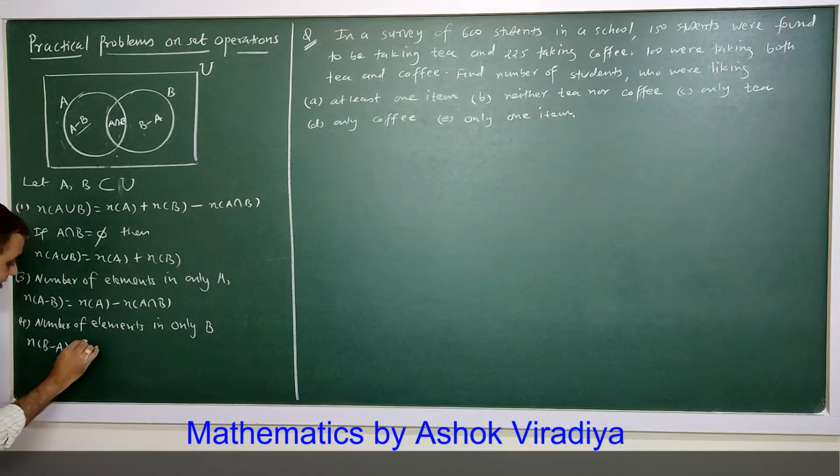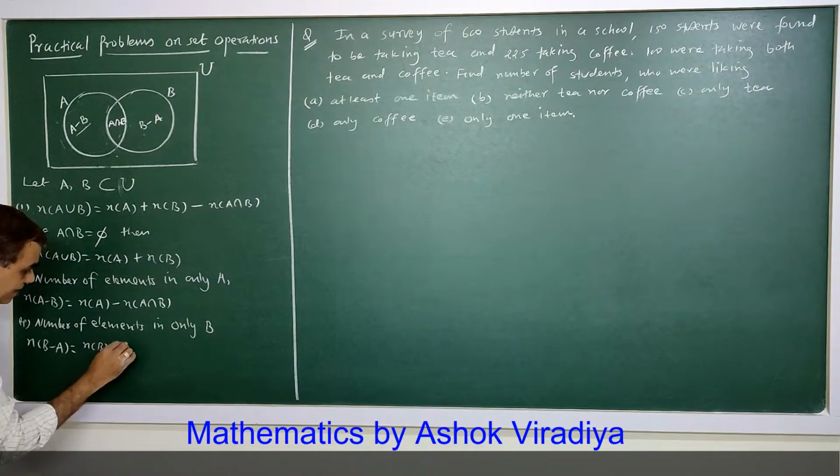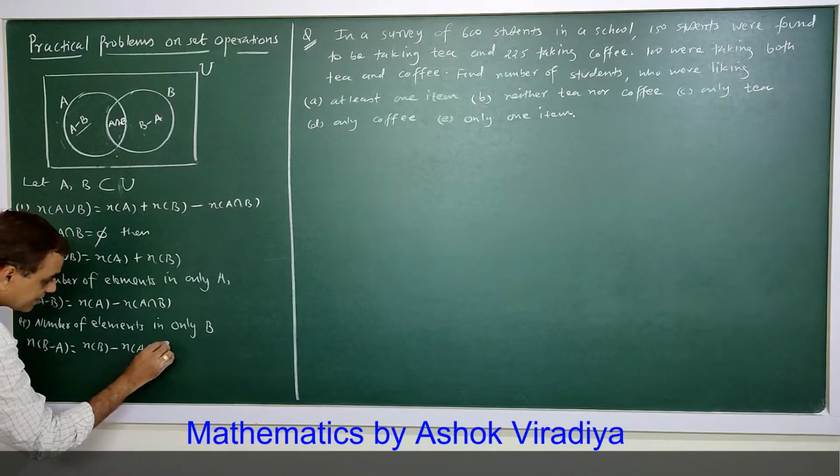So number of elements in B minus number of common elements.